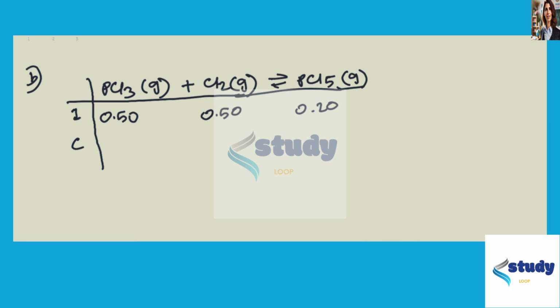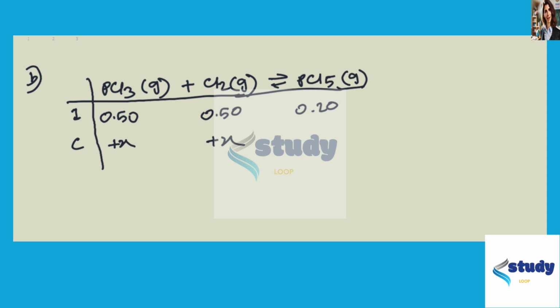Now consider the change as x. As we have seen from the reaction quotient, the partial pressures of the reactants need to be increased. So the change for both reactants will be plus x, because we need them to increase to reach equilibrium, and we need to decrease the partial pressure of the product.